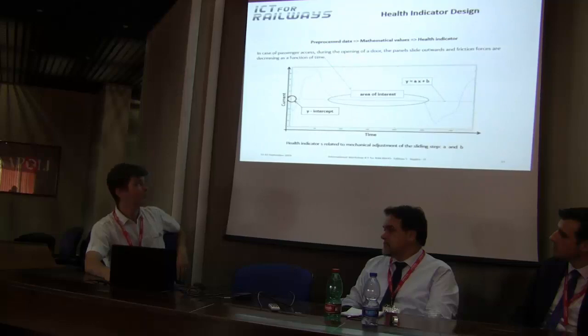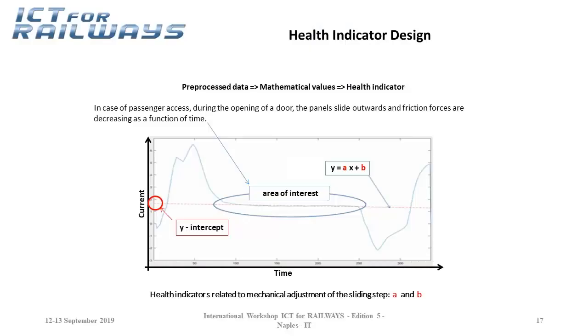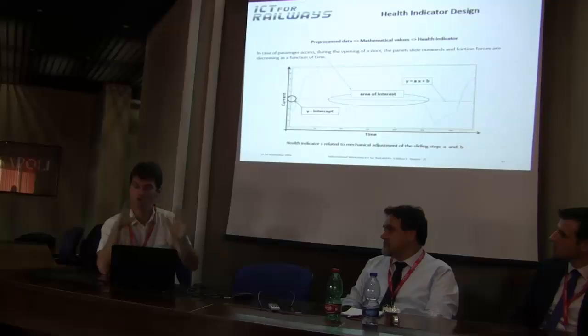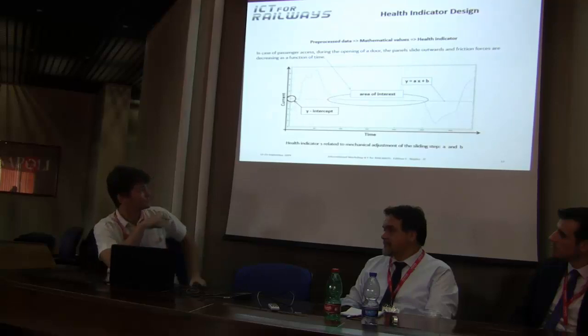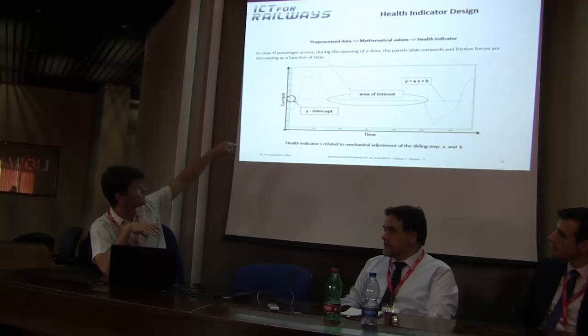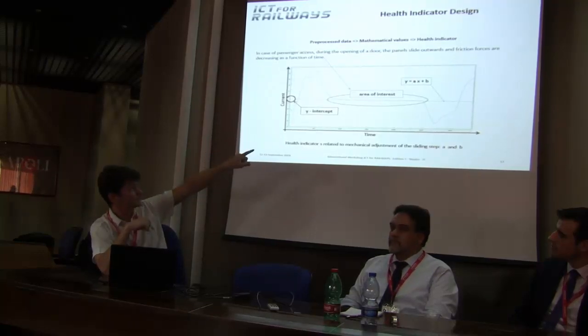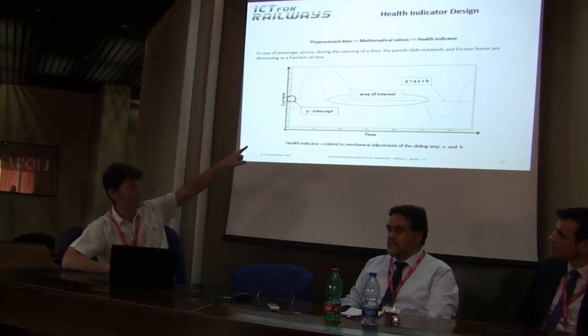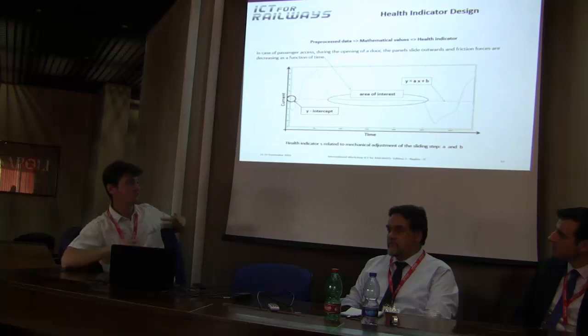So here is an example. In the case of passenger access, during the opening of the door, the panel slides outwards and the friction forces decrease as a function of time. Here you have the current of the motor plotted against time. In the blue cycle, you have the area of interest, and this part refers to the mechanical adjustment of the sliding steps.